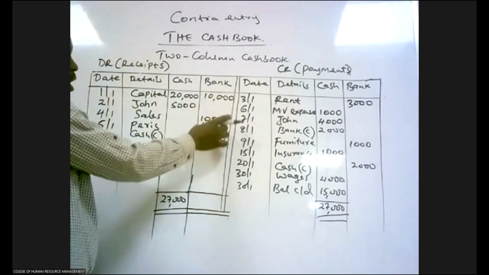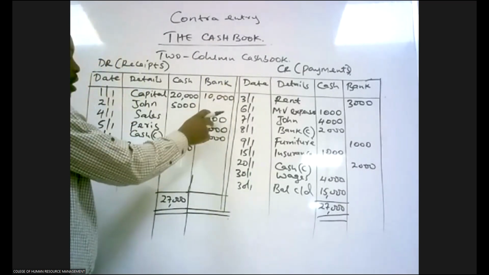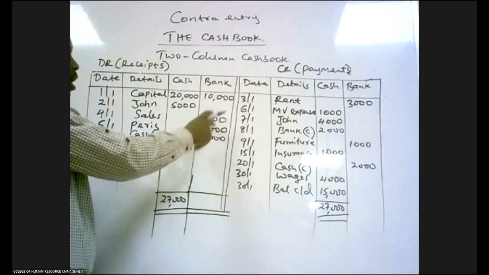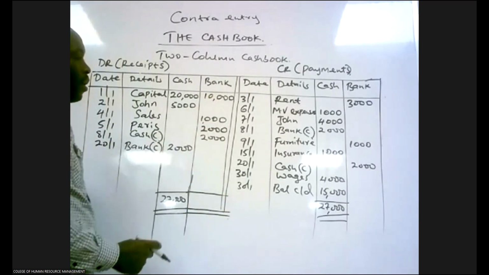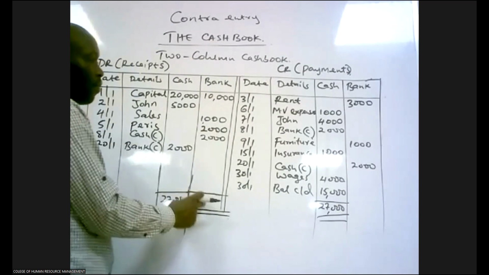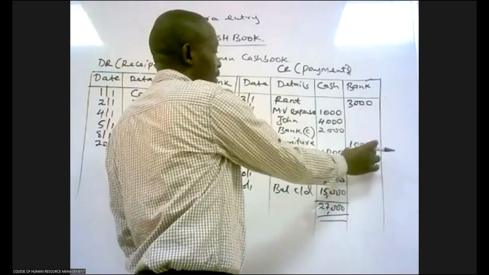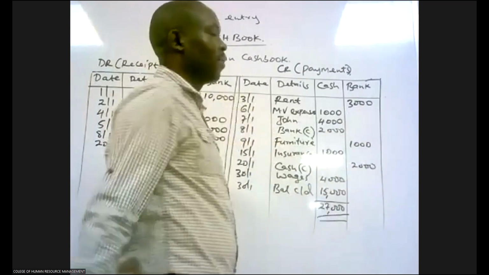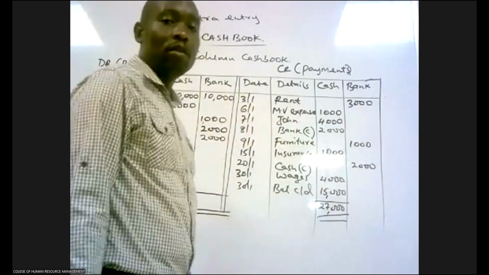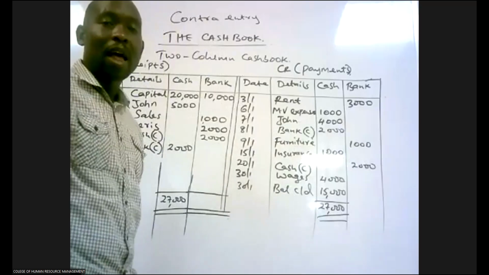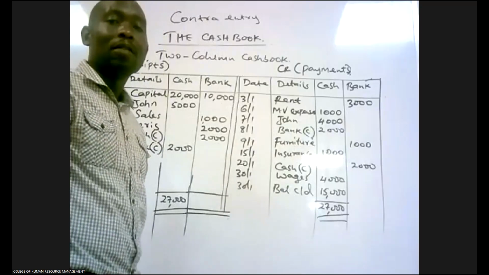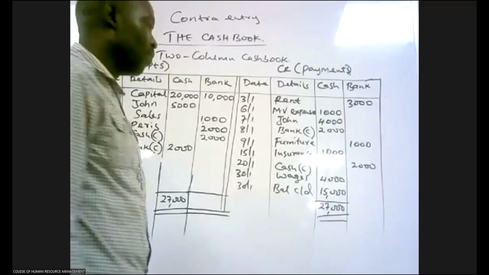The bank, if you add, this is 10 plus 1, 11, 11 plus 2, 13, 14,000. The total that we received is 14,000, but we spent this plus this, that is 6,000. 14,000 is what we received. We have spent 6,000. The difference is the balance that we have in our bank account.